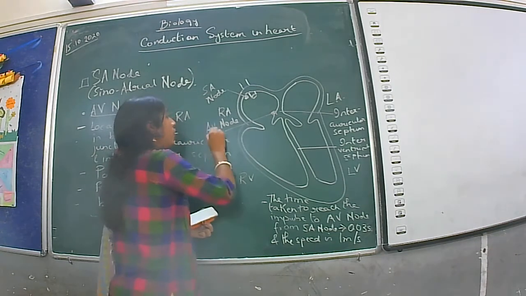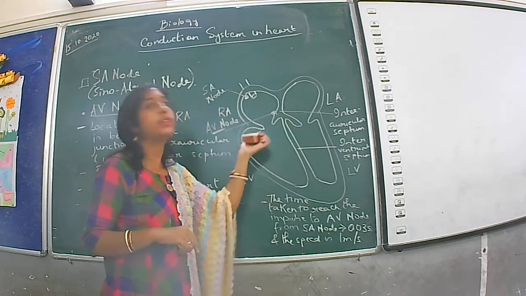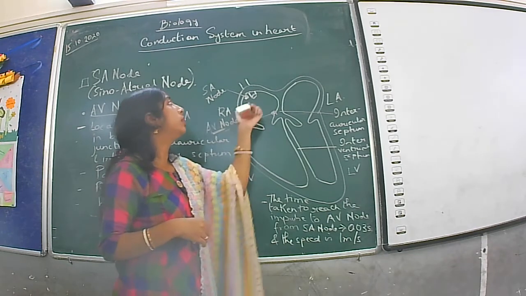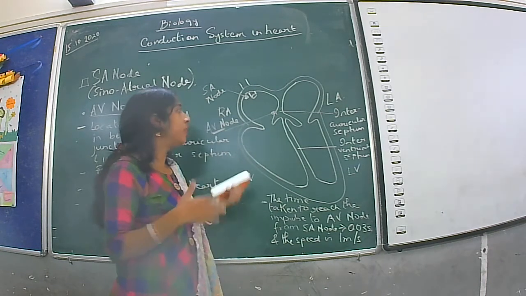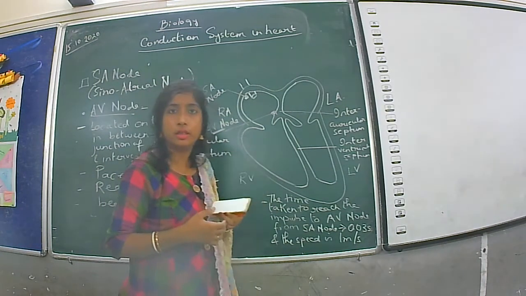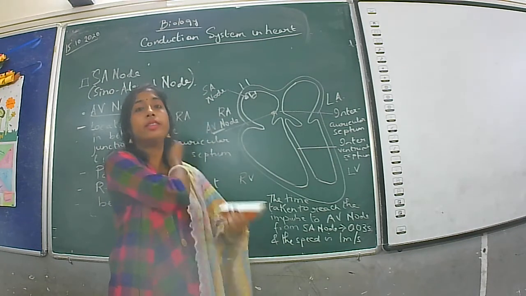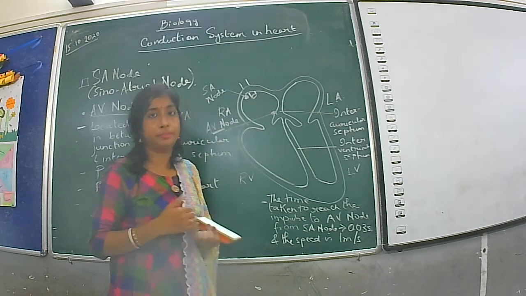Since cardiac muscles are almost everywhere, the impulse could obviously be transmitted to the ventricles through cardiac muscles only. Why is there a requirement of the AV node, the intermediate structure?